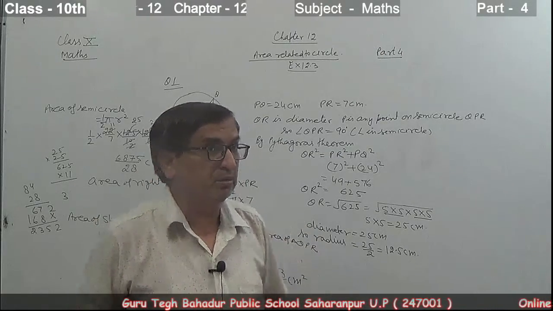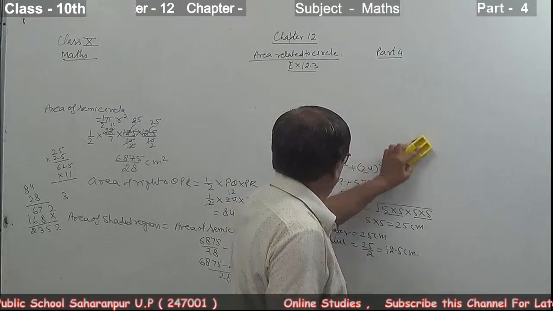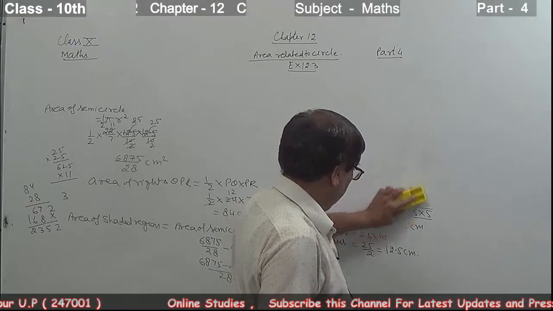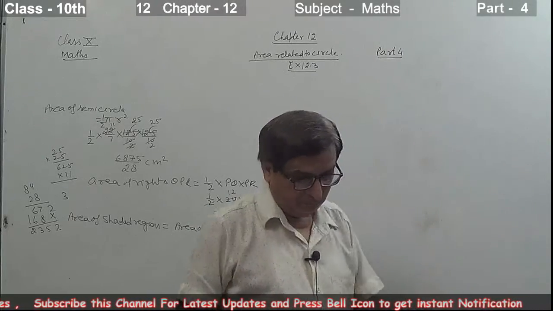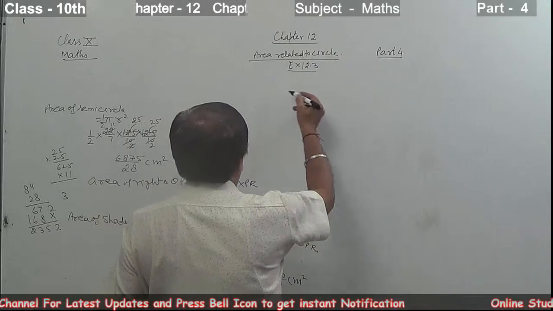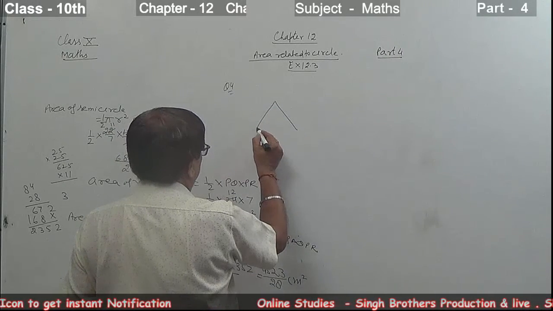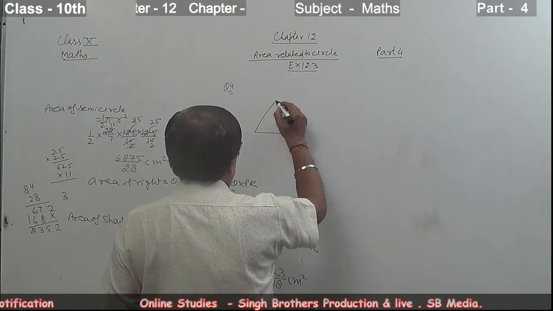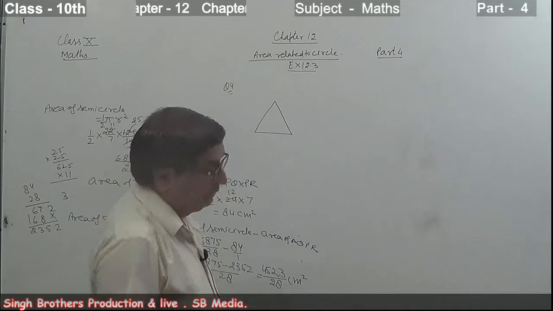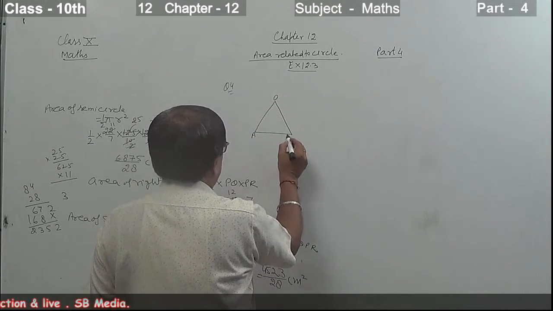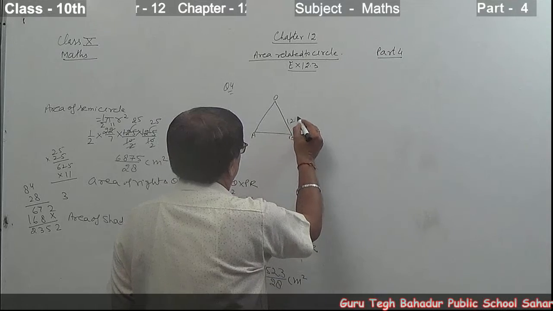Now see question number 4. It is an equilateral triangle OAB given to you, and this is the 12 centimeter side.